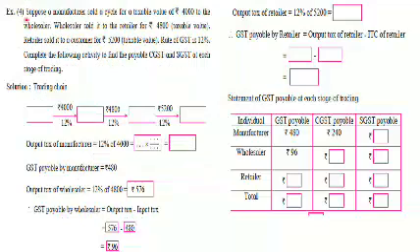Study the example. Suppose a manufacturer sold a cycle for a taxable value of rupees 4,000 to the wholesaler. So here we'll write manufacturer and then here we'll write wholesaler. Wholesaler sold it to retailer for rupees 4,800. So here in the third blank we write retailer. 4,800, that is taxable value.